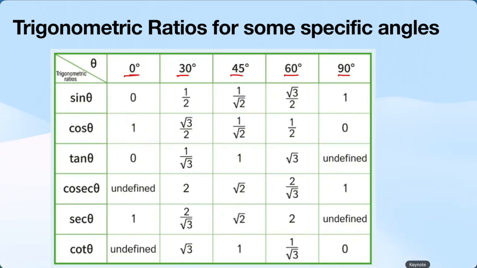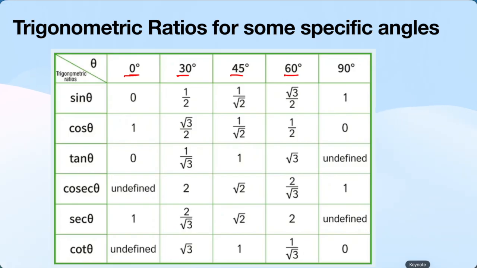These 5 angles we have to learn. Sine 0 is 0, sine 30 is 1 by 2, sine 45 is 1 by root 2, sine 60 is root 3 by 2, and sine of angle 90 is 1. Similarly, tan 30 is 1 by root 3. You have to read it like that.